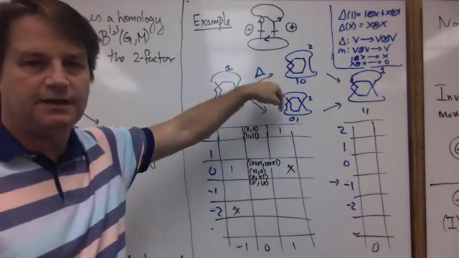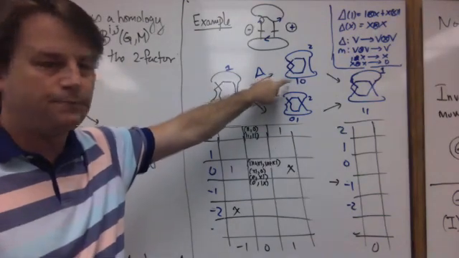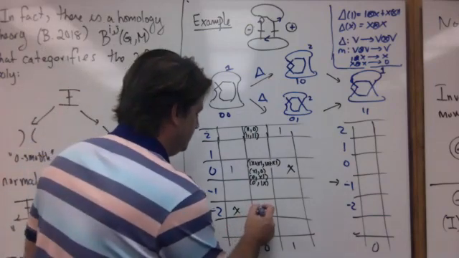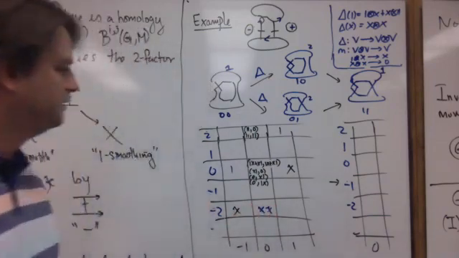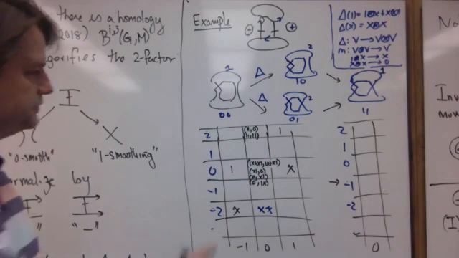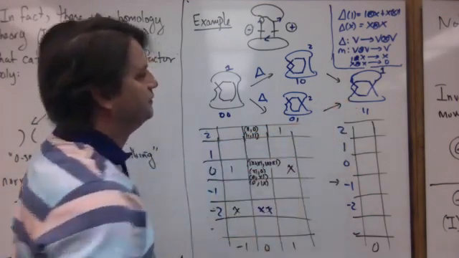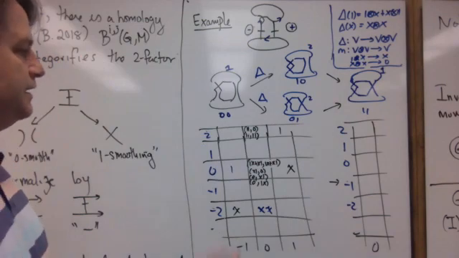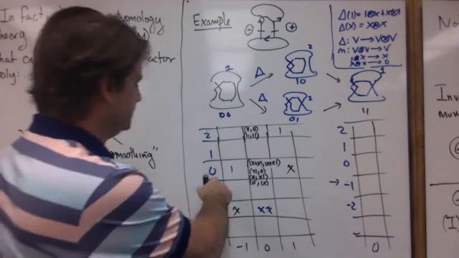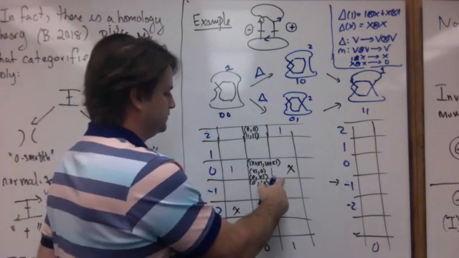It'll be V tensor V plus V tensor V. And you can then write down the groups. Of course, back here we'll have just a V again, but it's shifted up to the 2 and the 1, 0 spot.